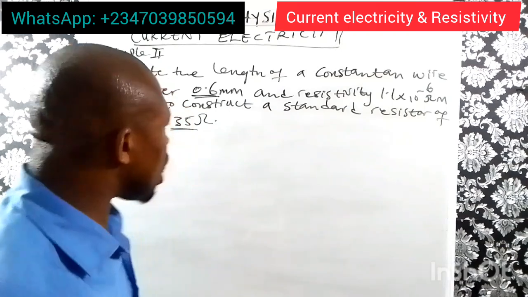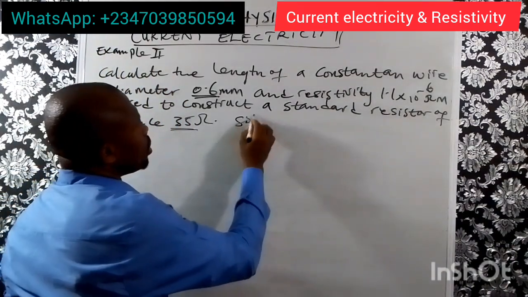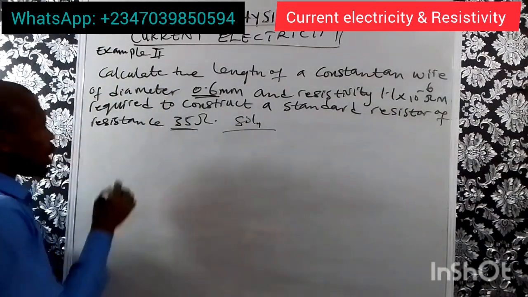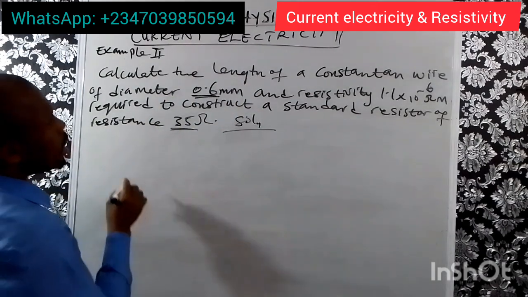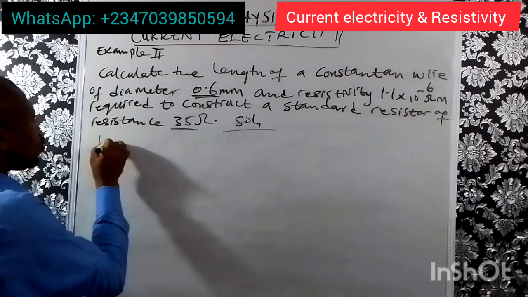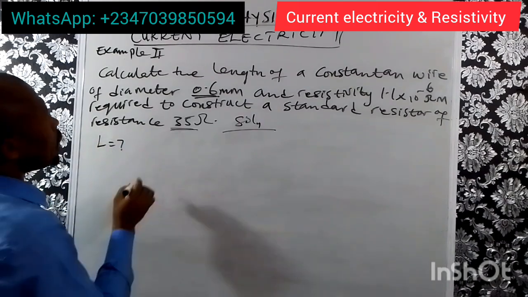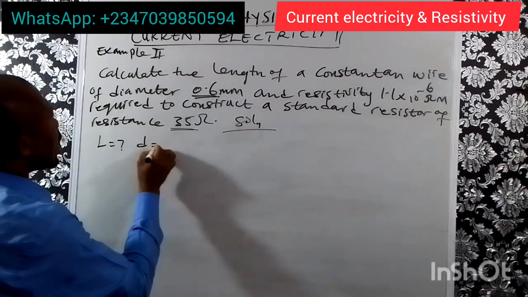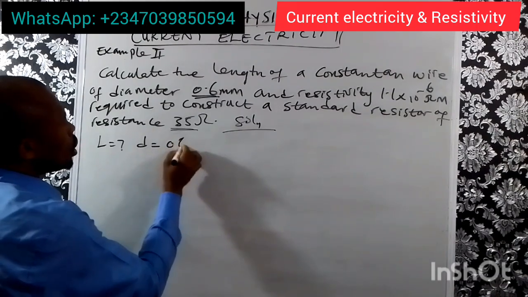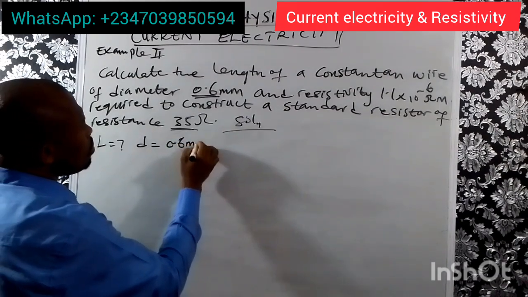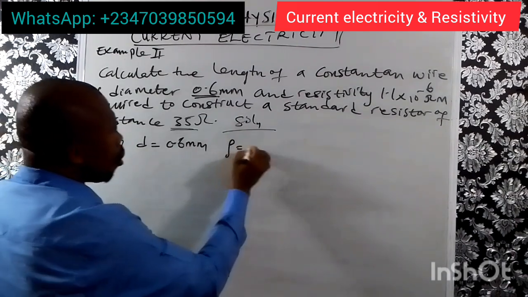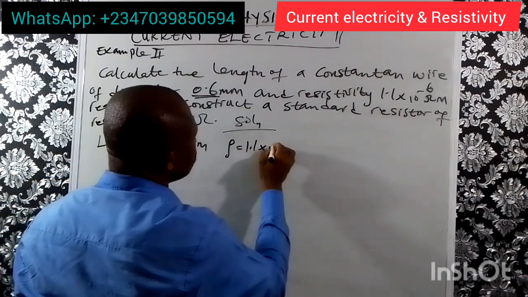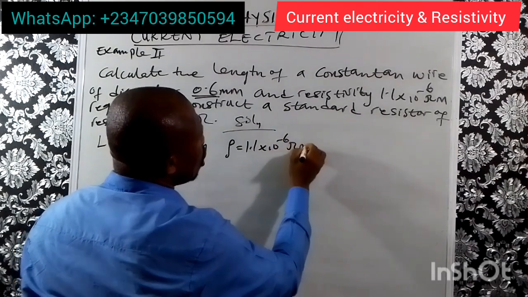Now, how do we solve this? The first thing we do is bring out the parameters given to us here. The length is what we are looking for. Then the diameter of wire is 0.6 millimeter. Resistivity rho is 1.1 times 10 raised to the power minus 6 ohm meter.